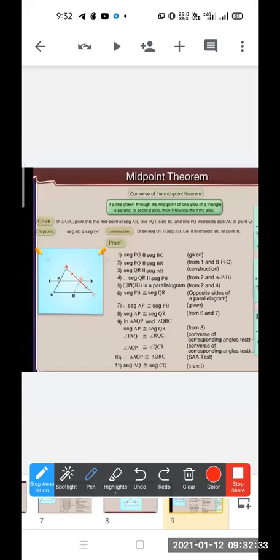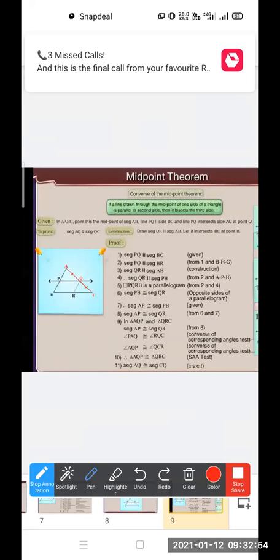Therefore, segment QR is parallel to segment PB. So if the opposite sides are parallel, we can consider quadrilateral PQRB a parallelogram.